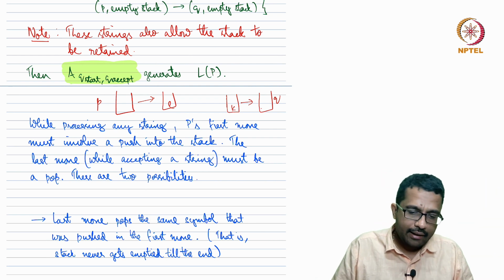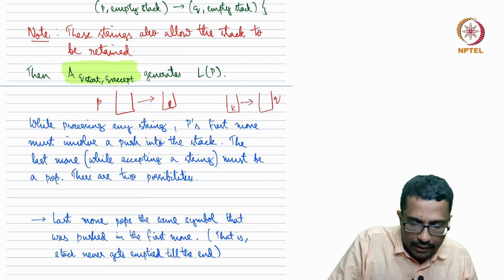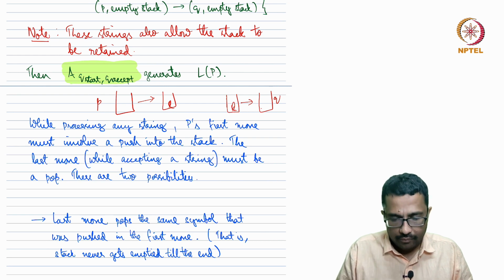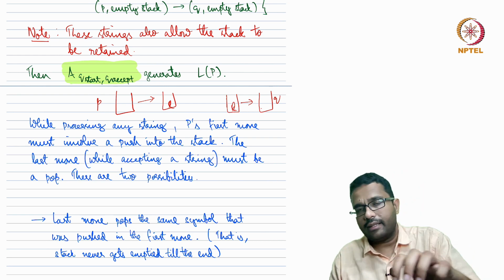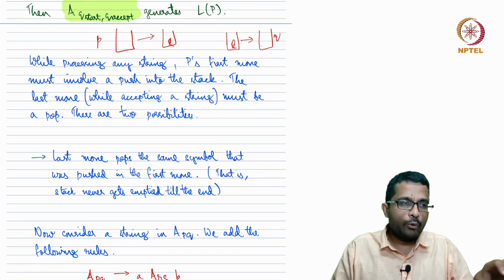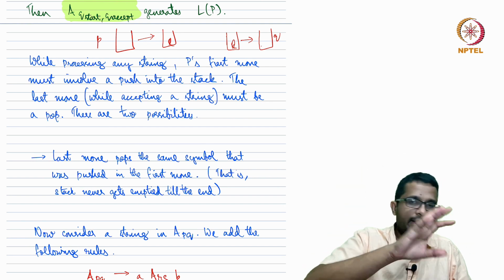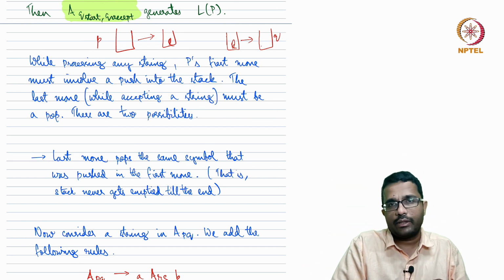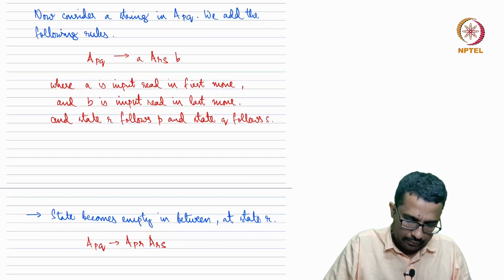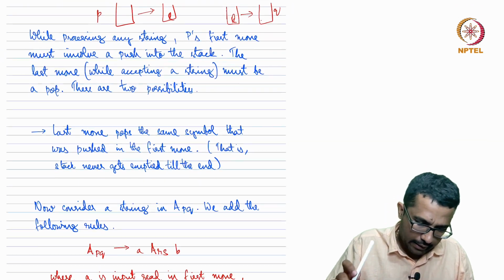One is that the symbol that was pushed in the first move, L, is exactly the symbol that was popped at the end, right? Which means whatever we put at the beginning, we kept putting things on top of it, maybe removing some things, etc., but we never touched the first symbol that was put, right? So maybe I'll just create some space here.